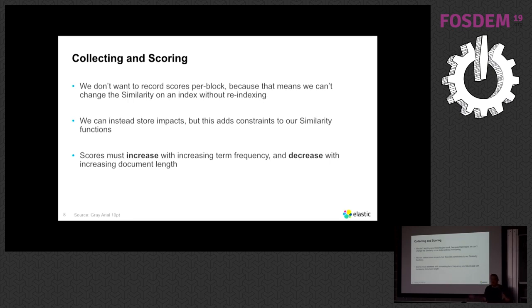So we're saying, generally speaking, longer documents are less useful than shorter documents in terms of the contribution of an individual term's score. So we are defining that. We'll make that an official constraint on the similarity. If the norm increases, then the score must decrease. And if you have a similarity that adheres to these two, then you can use this new BlockMax functionality.